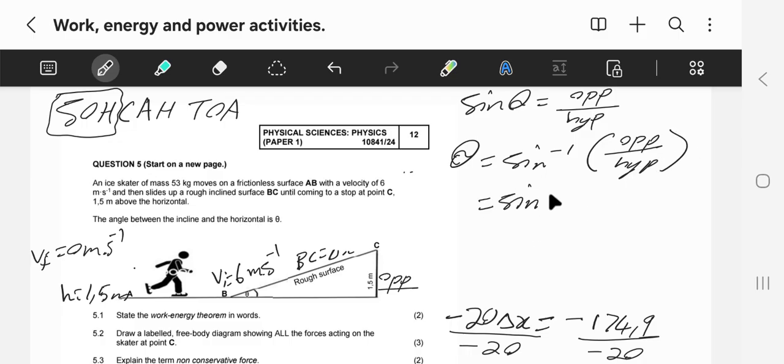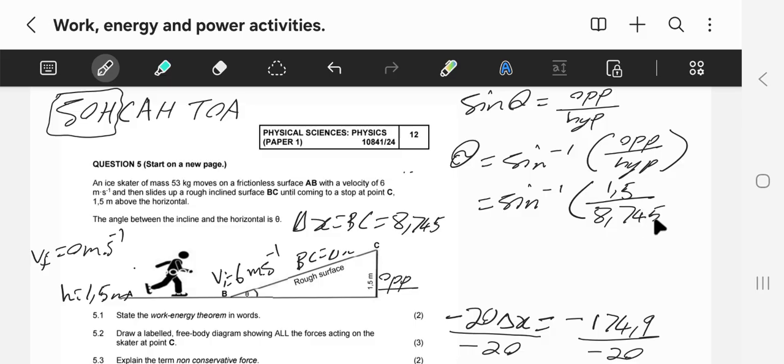I will have arcsine of, and then my opposite in this case is this side, the height, which is 1,5, divided by my hypotenuse. My hypotenuse is BC, and we found BC to be delta X, and BC was 8,745. So that's what I'm going to write here, 8,745.